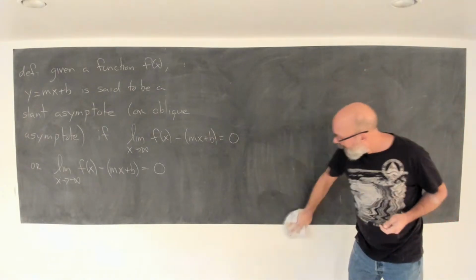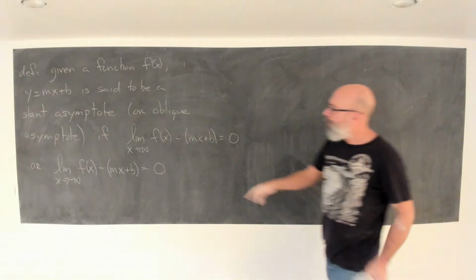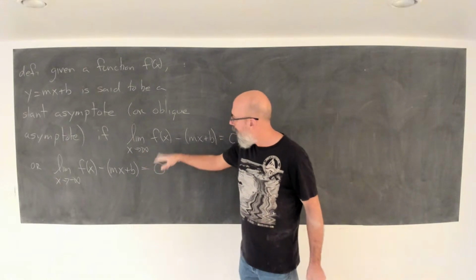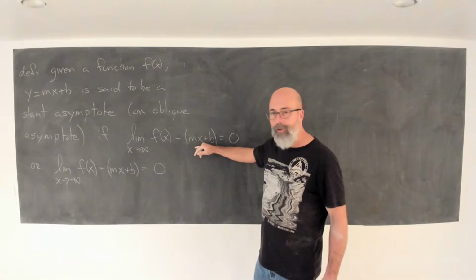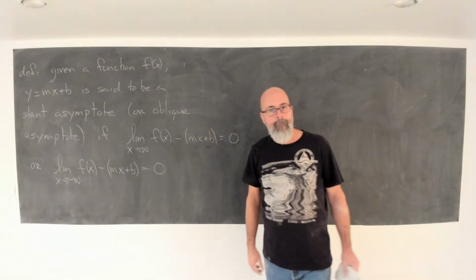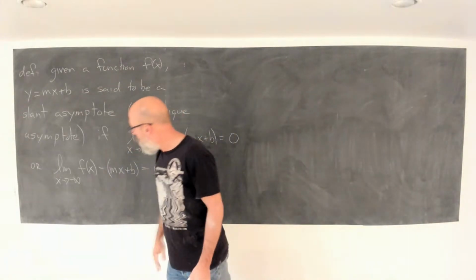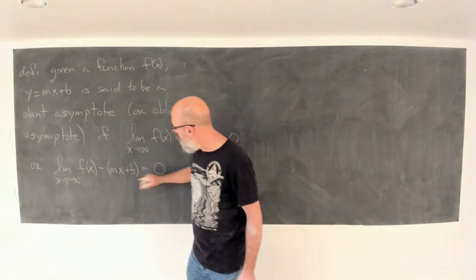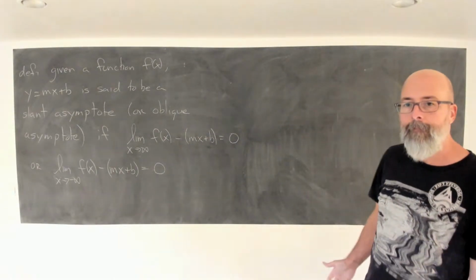So what we're saying here is that for large values of x, your function kind of behaves like this line. Or for large negative values of x, your function behaves like this line. That's all we're saying.